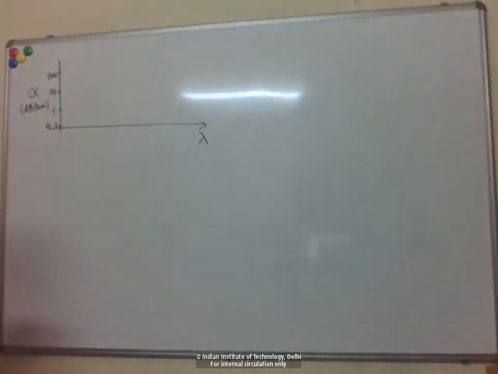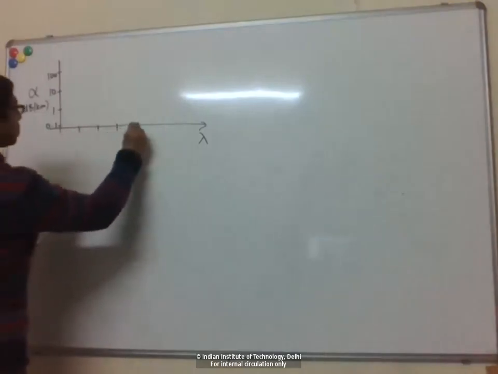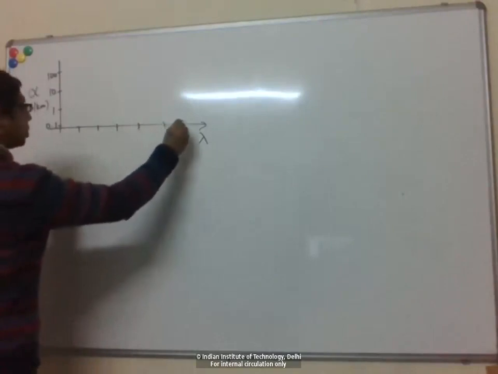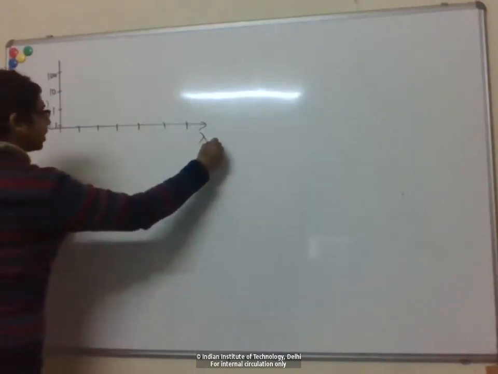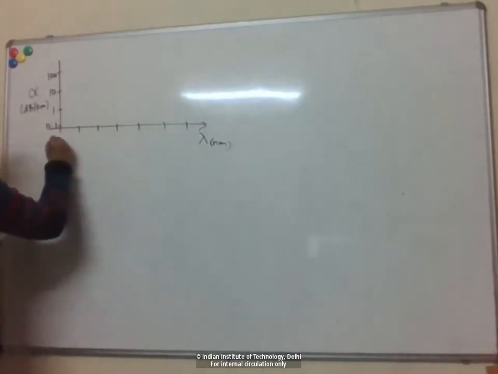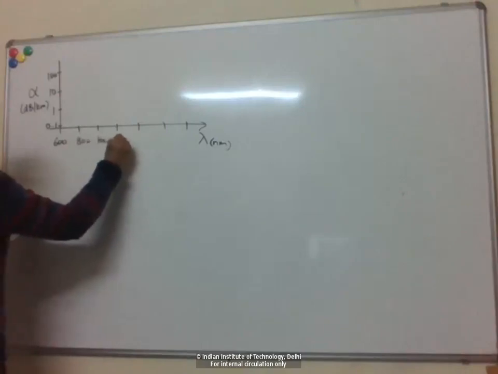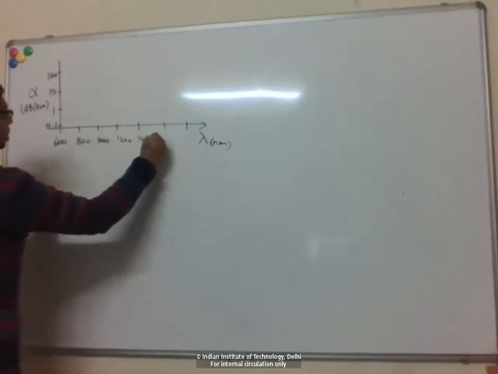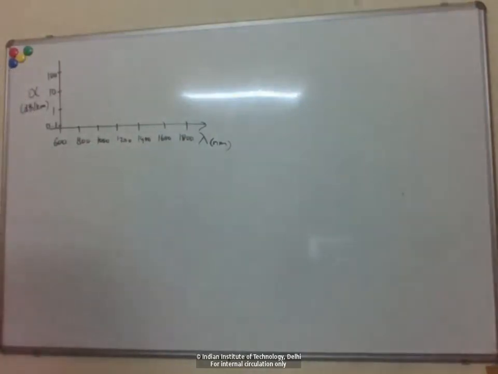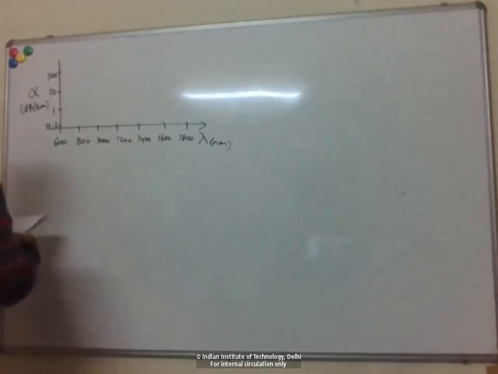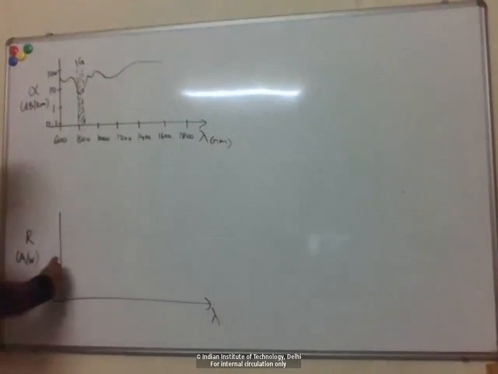It's a log scale on the y-axis, and this is the wavelength in nanometers, starting from visible wavelengths going up to near infrared wavelengths.